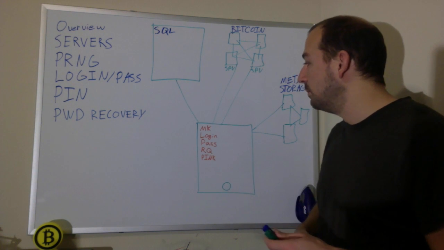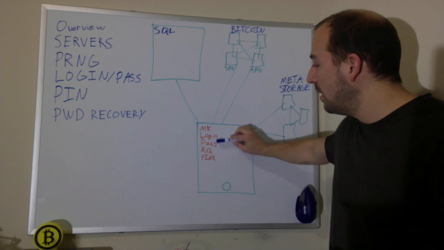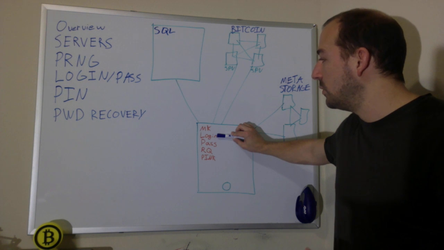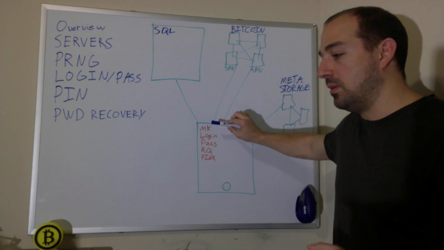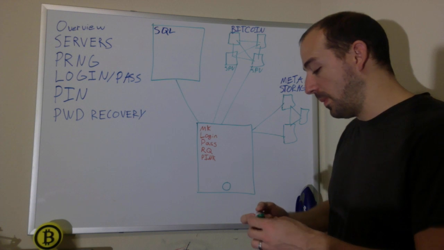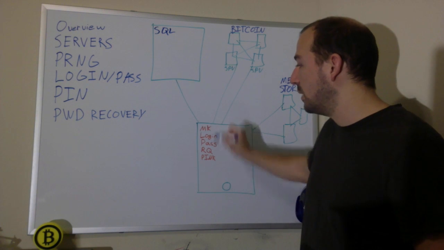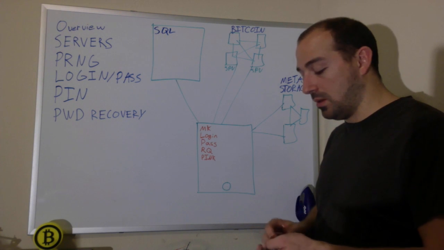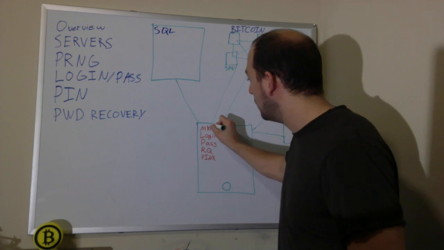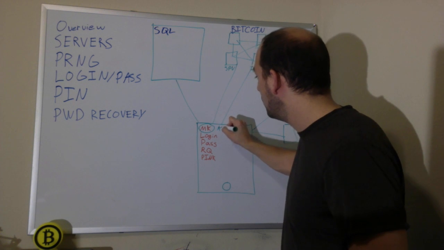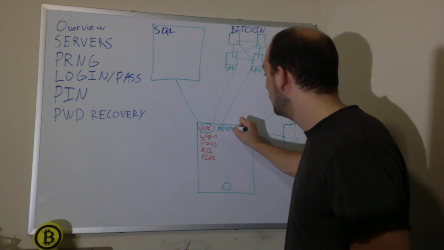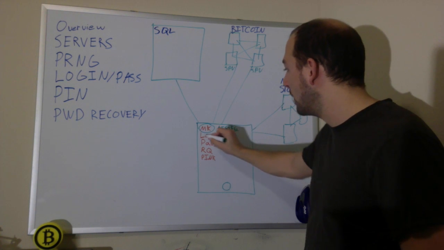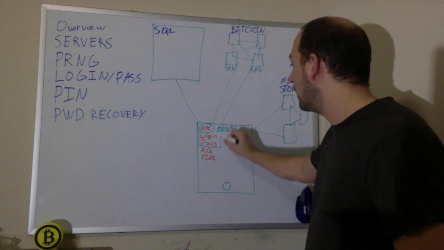Okay, so just one last overview. The login and the password are used directly to derive. Well, first, a master key is created on the iPhone or on the device, and this is encapsulated with AES 256, and the key to unlock this is directly derived from the login and password.